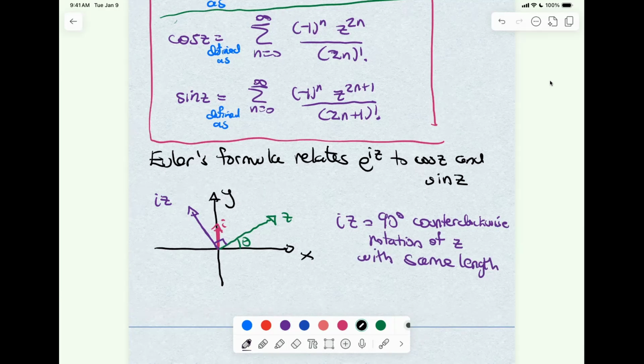That's how, when you're playing a game on PlayStation or whatever, they rotate the camera and all these angles, using quaternions, which are a generalization of complex numbers. But at least I wanted you to understand pictorially that i times z is a rotated version of the point z. Okay.